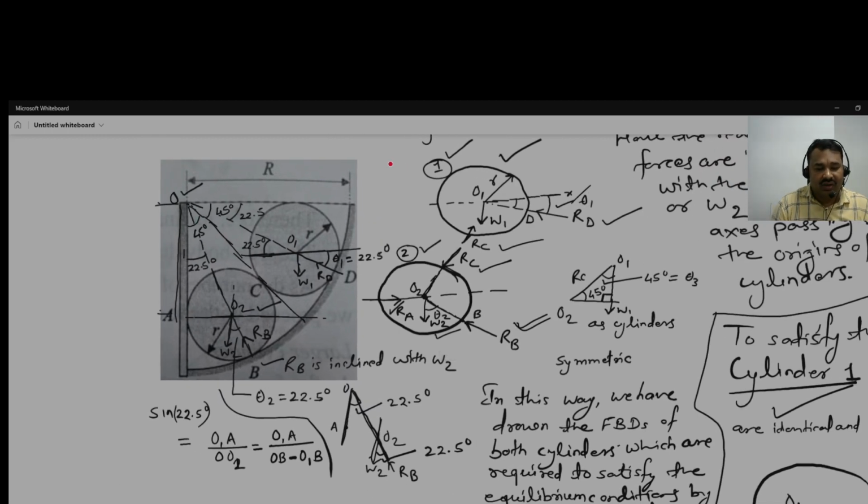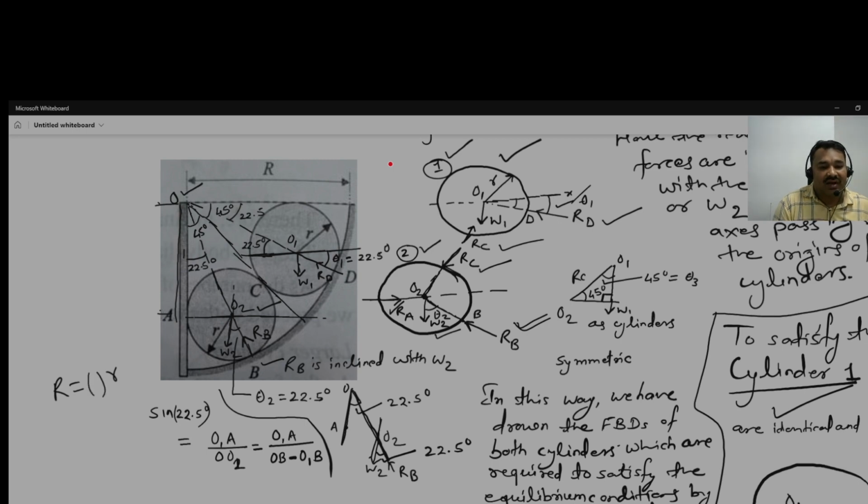Now we have to get sine 22.5 degree, ठीक है, and our purpose is to get the relation of capital R in terms of small r.